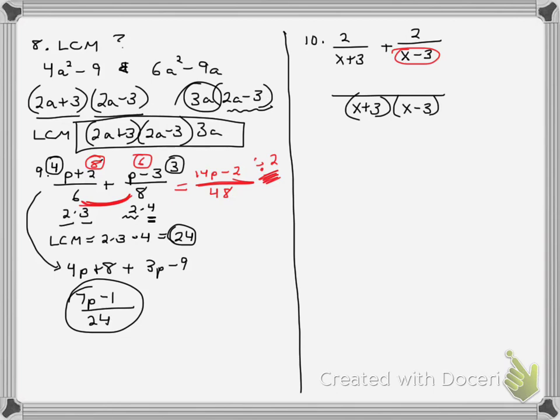And so if you distribute, you're going to get 2x minus 6. For the right-hand fraction, it will be this. And distributing, I'm going to get plus 2x plus 6. These two will cancel out, and you will get 4x over the least common denominator.